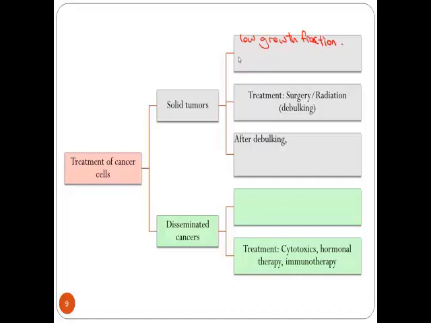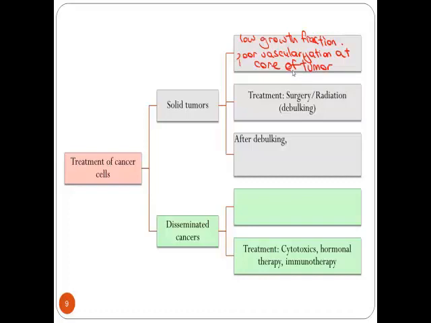And because they're solid, they have poor vascularization at the core. On the inside, the inner core of the tumor, there's not a lot of blood supply there, which is another reason why cancer chemotherapy doesn't really work on solid tumors.